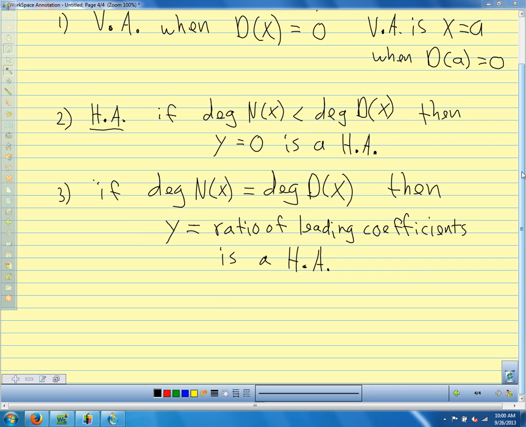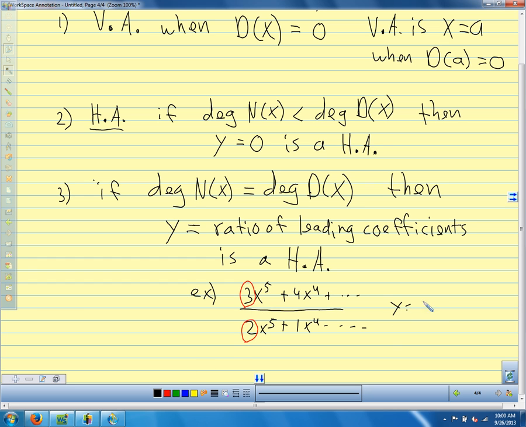I'll write just a quick example here so we see what we're talking about. If we have 3x to the 5th plus 4x to the 4th plus ... And on the bottom we have 2x to the 5th plus 1x to the 4th minus ... Our leading coefficients are 3 and 2.